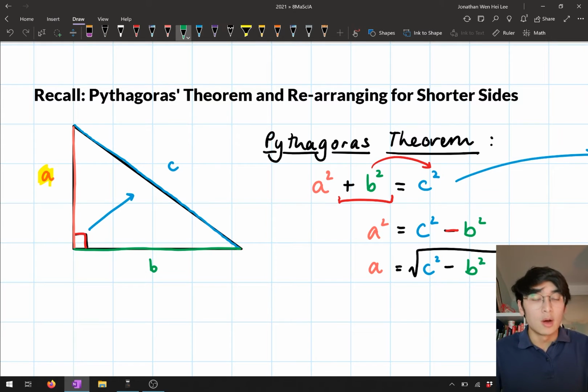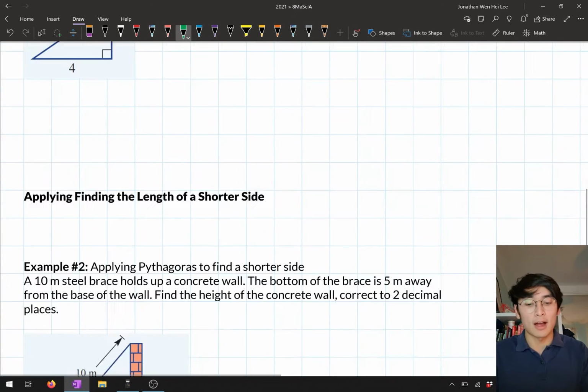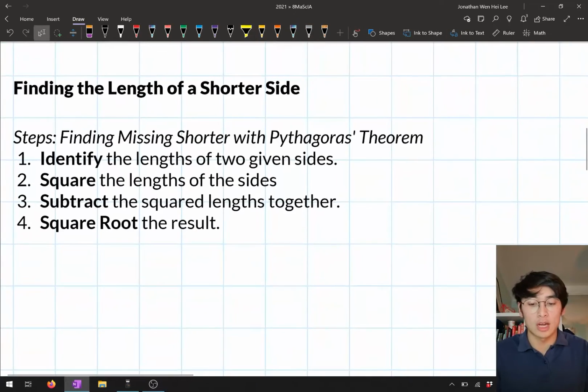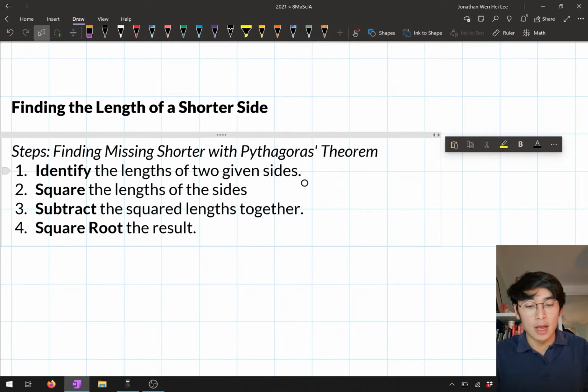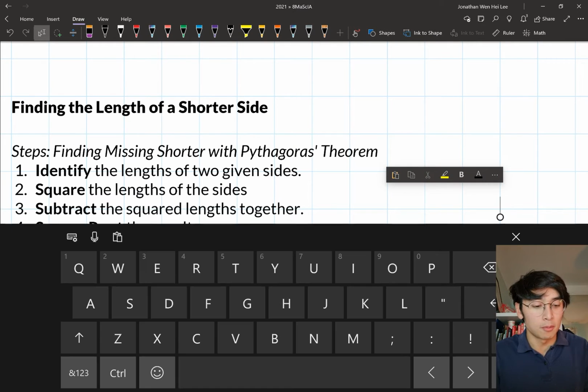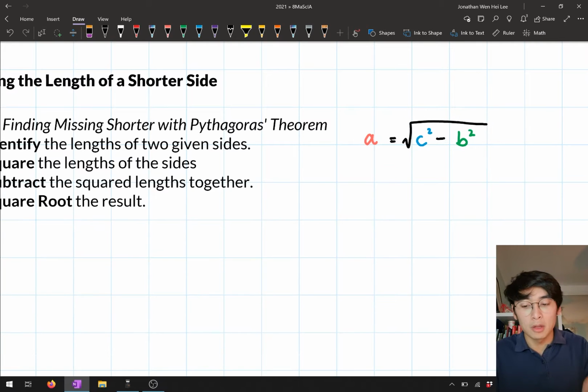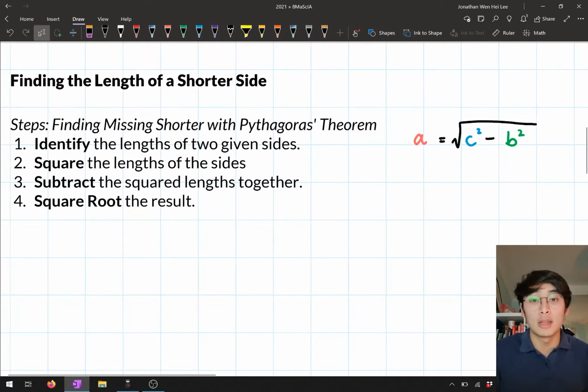So here, if we want to find the length of a shorter side, instead of adding the two square terms together and taking the square root, what we want to actually do is subtract. And this is the formula we're going to be using for today's lesson. Just like with regular Pythagoras' theorem, we want to identify the two given sides.